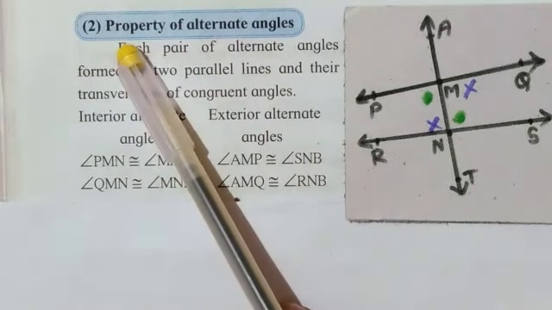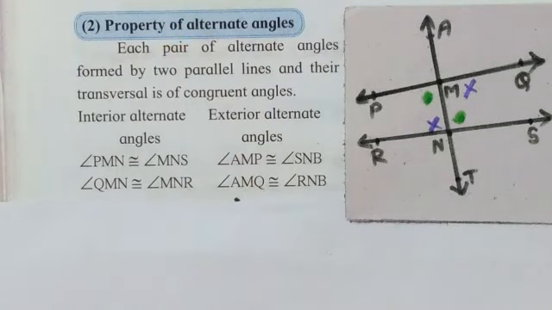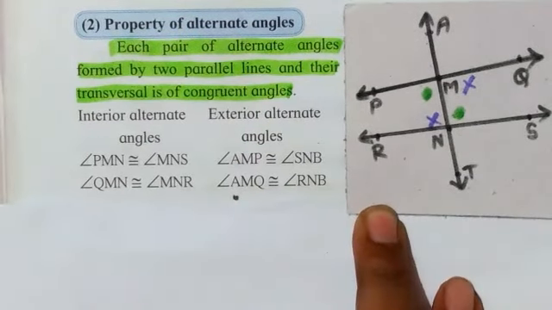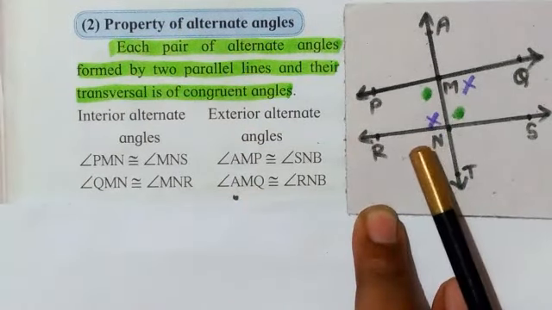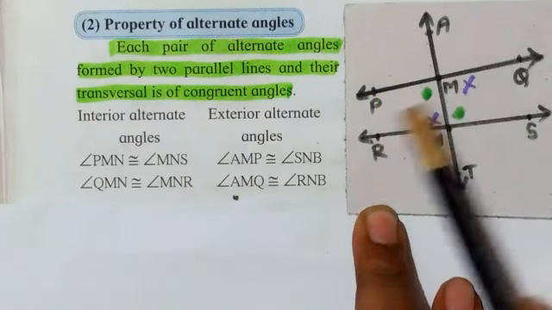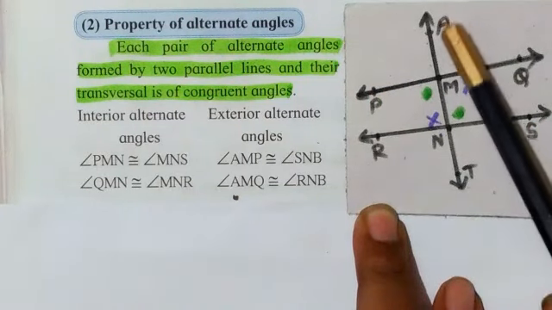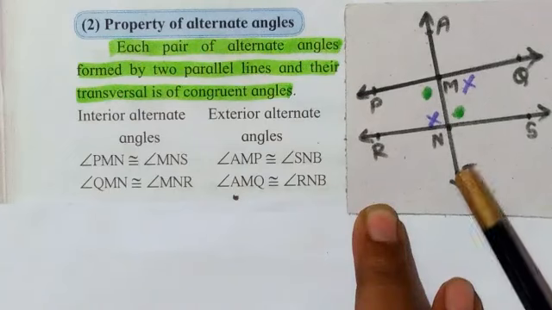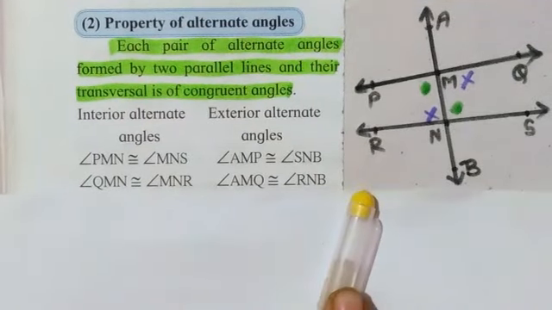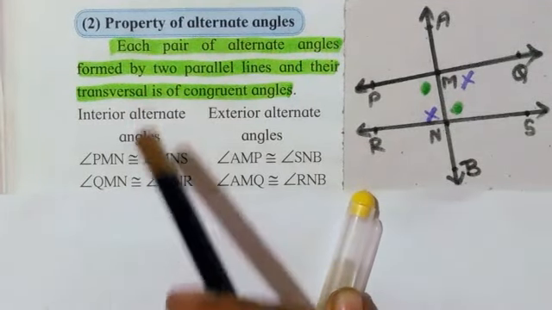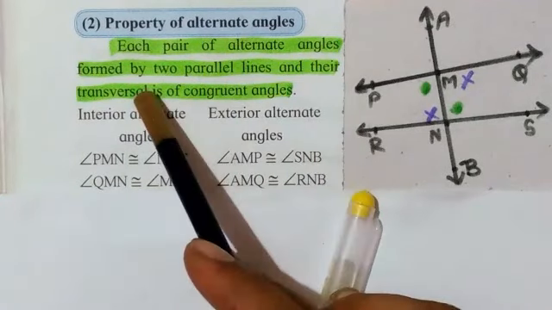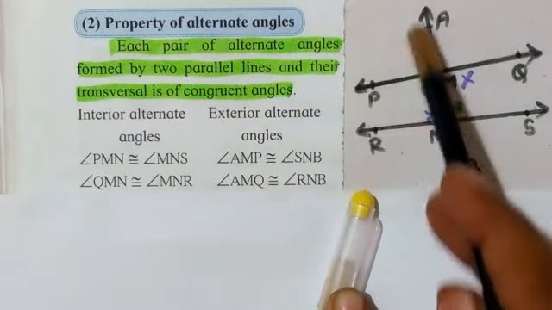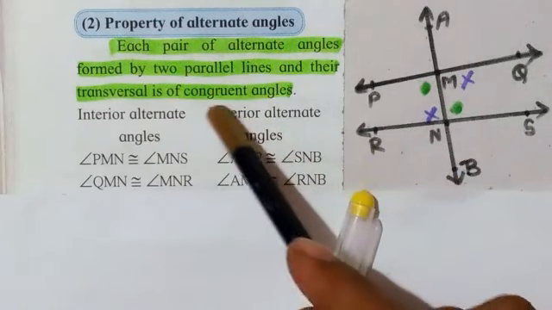Towards our second property, which is related to the alternate angles. Again, we have to observe the same type of figure, where PQ and RS are the two parallel lines and AT is the transversal. See the property now. Each pair of alternate angles formed by two parallel lines and their transversal is congruent.